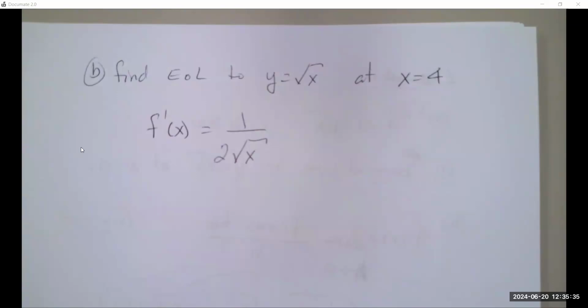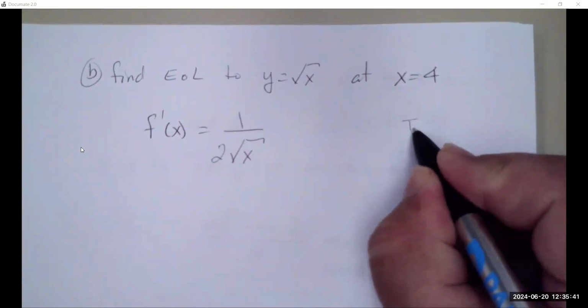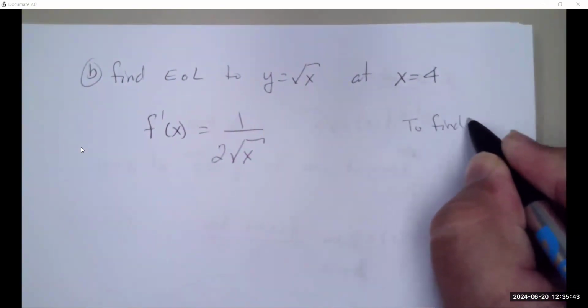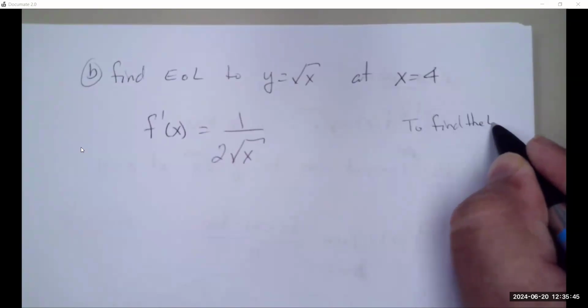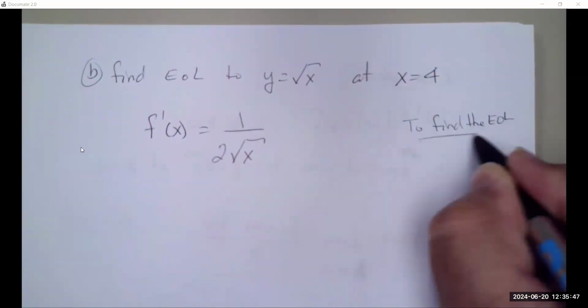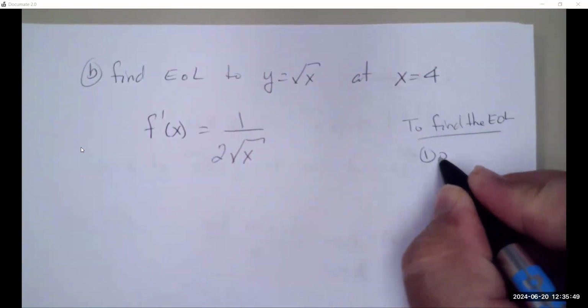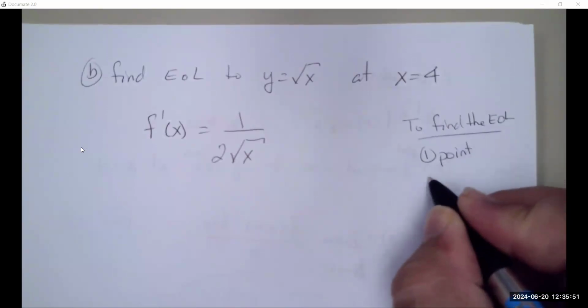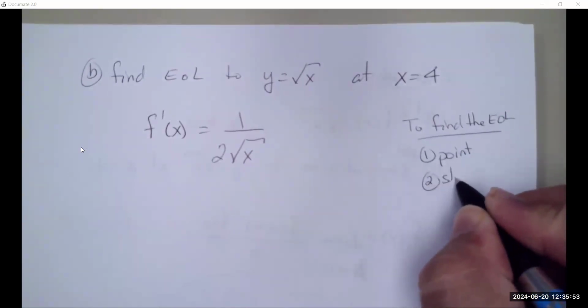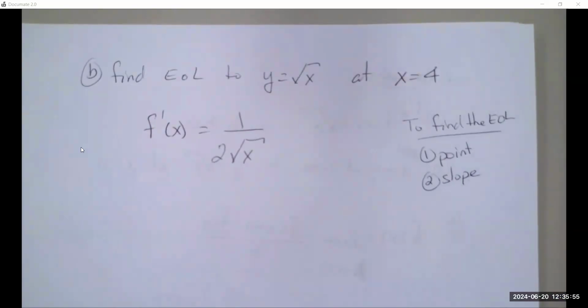So what do we need to find the equation of a line? To find the equation of a line, we need a point and we need a slope. Do we have either of those?